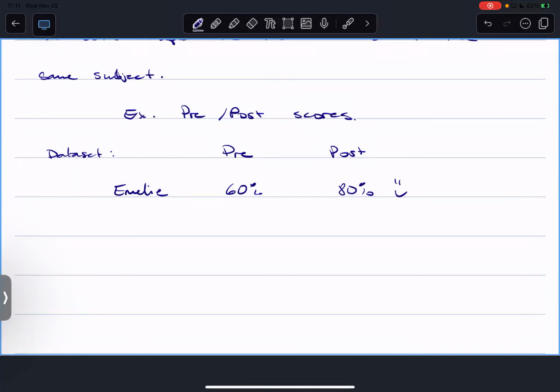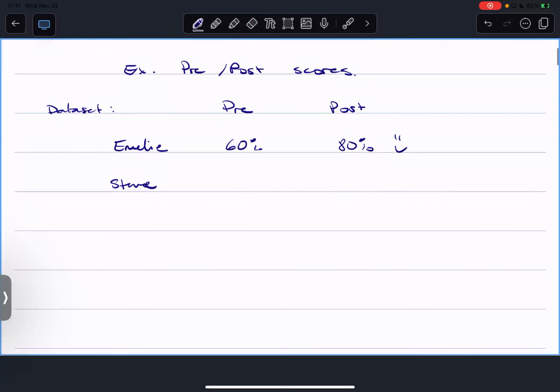Whee! All right. And then I'll do Steve, he won't mind. Steve's pre-test was, oh, he was kicking butt, 80. But his post score, 95, wow.